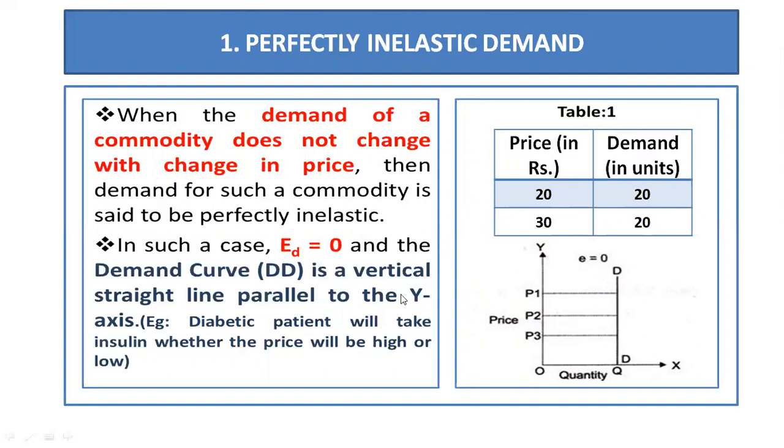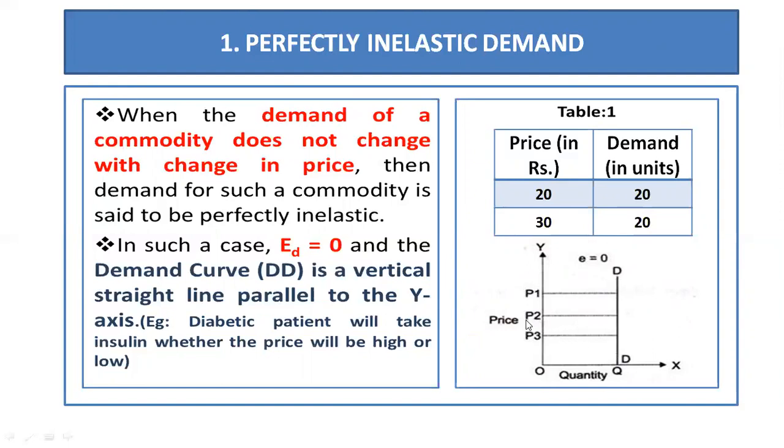So that means it is the case of perfectly inelastic demand. If price falls by 20% and quantity demanded remains unchanged, then we can see that this DD curve line is parallel to the y-axis.